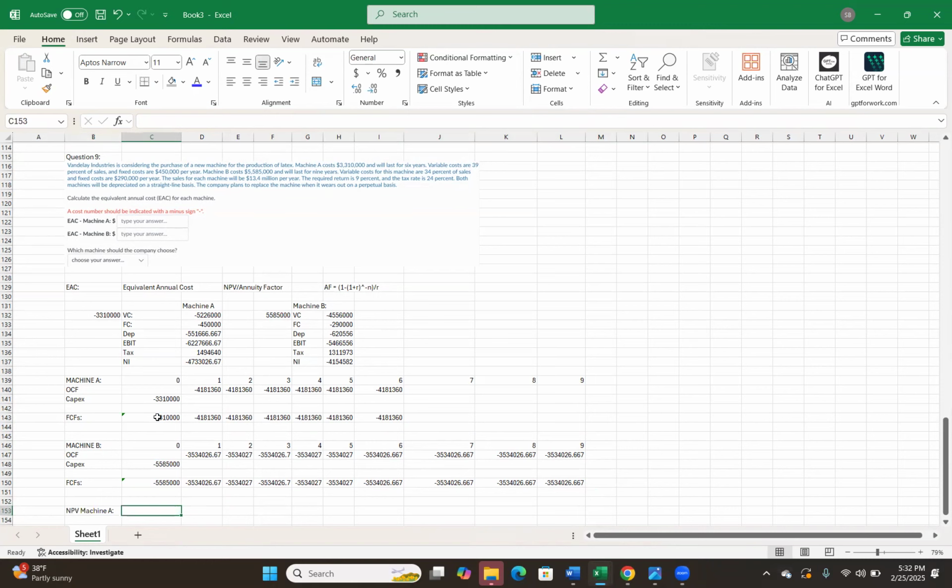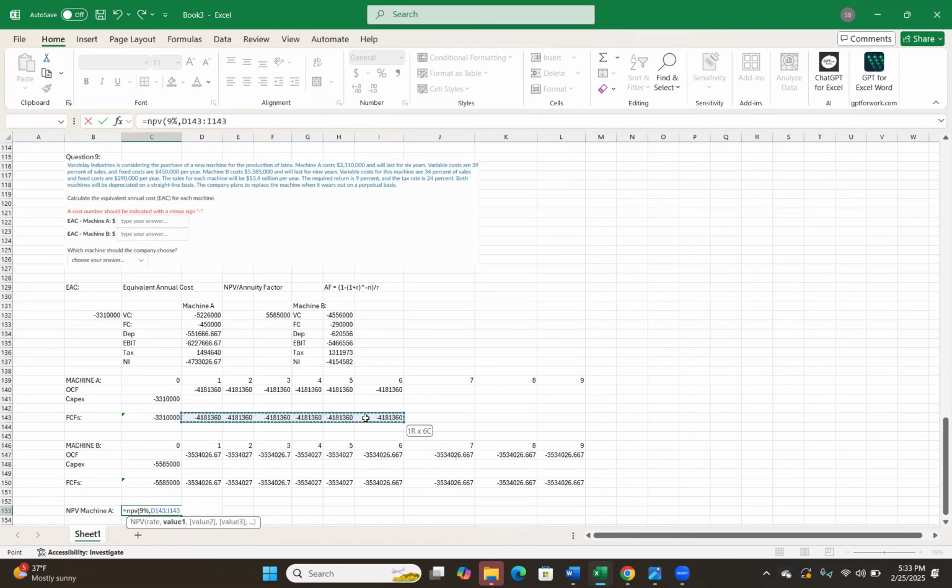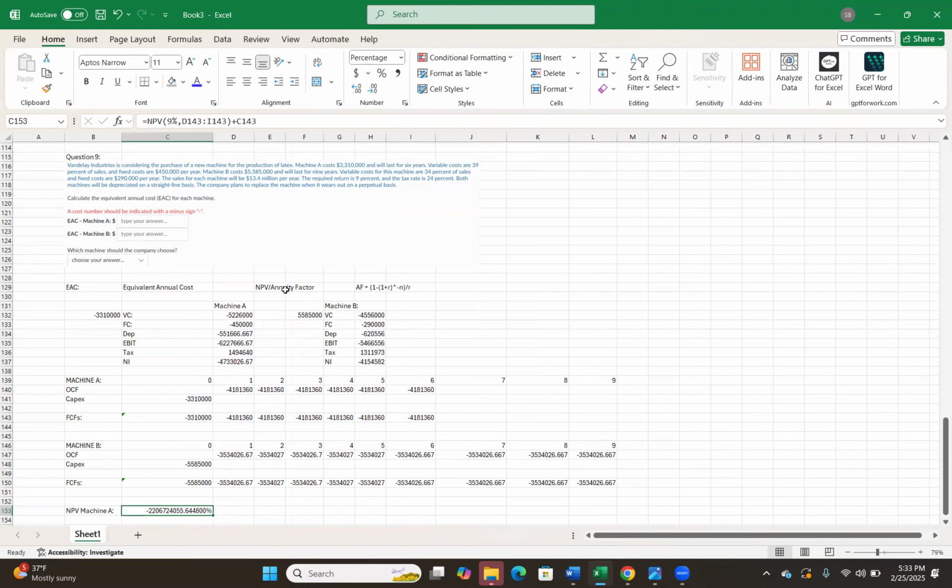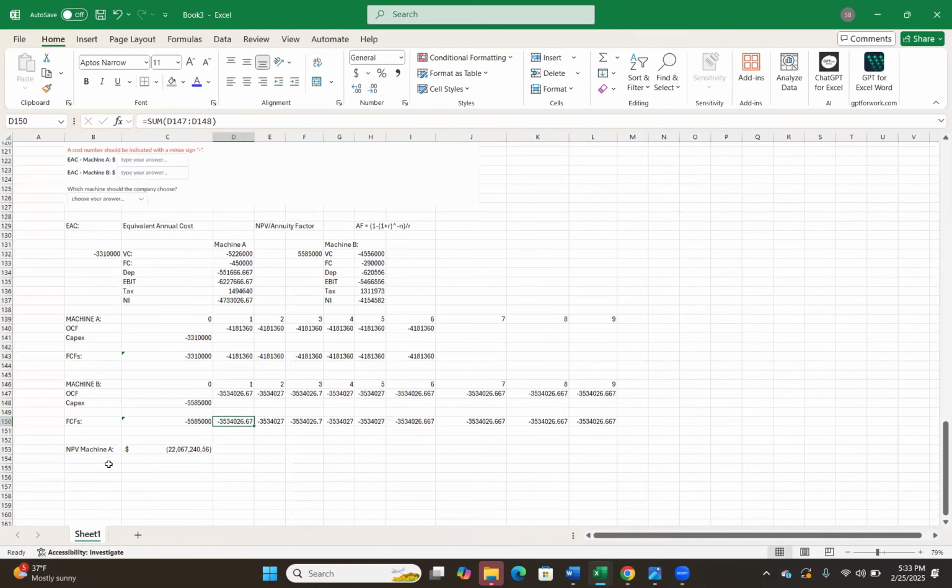NPV of machine A is going to be equals NPV with a rate of 9%. All the years 1 through 6 value, add back the negative cost. Big number. I don't want it in percentage form. Okay.